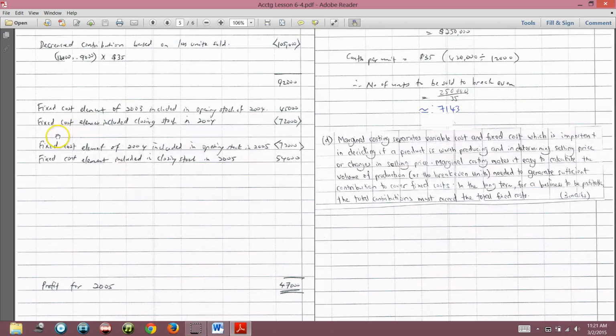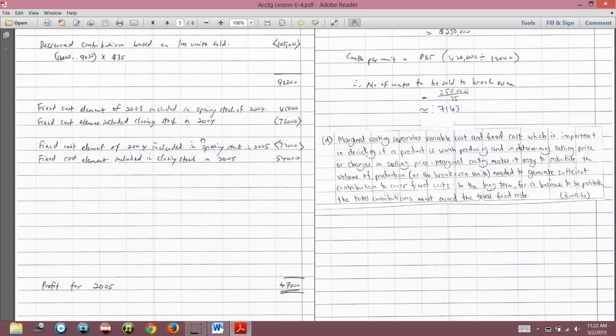You can put here: difference arising on valuing of opening and closing stock using absorption costing basis, which includes fixed production overhead. So you can get away with all these very complicated workings. But for your own study purpose, you can actually analyze this in detail.